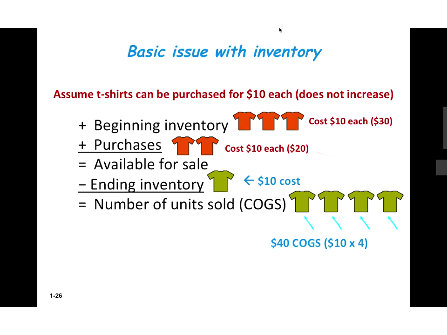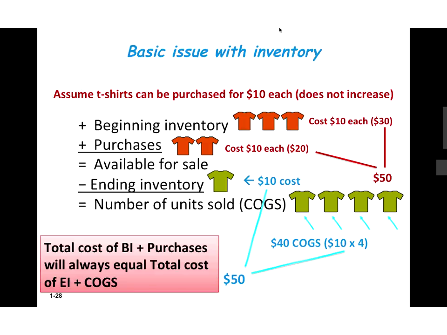So what we end up with then is the beginning inventory plus the purchases equals $50 of cost of everything available for sale, and that will equal our ending inventory plus our cost of goods sold. That also equals $50. So the total cost of beginning inventory plus purchases will always equal the total cost of ending inventory and cost of goods sold, and we're going to see that later today too.